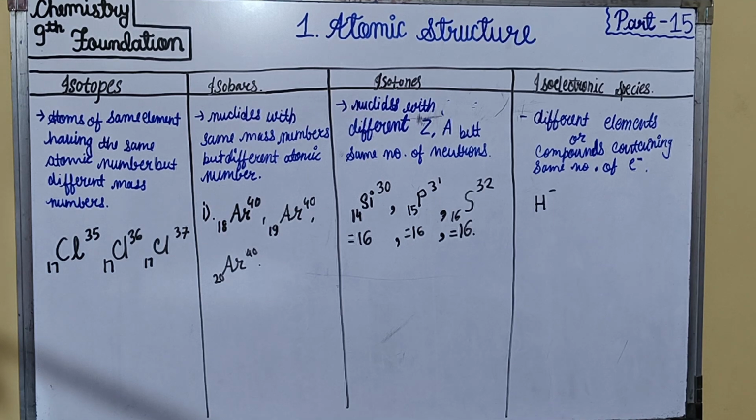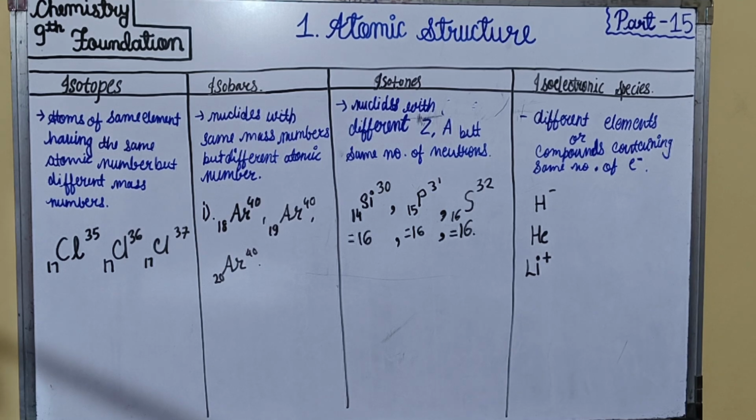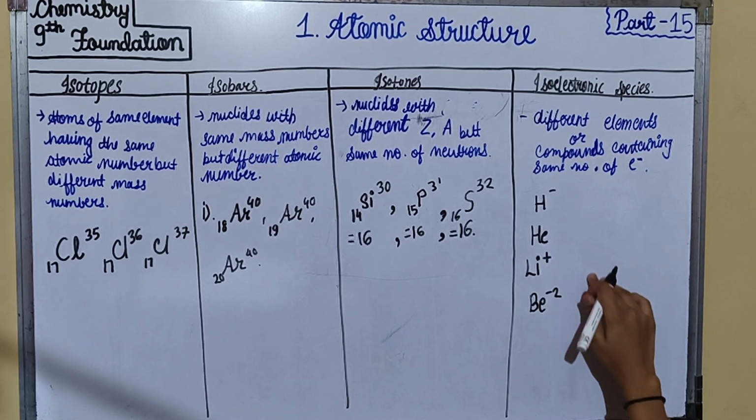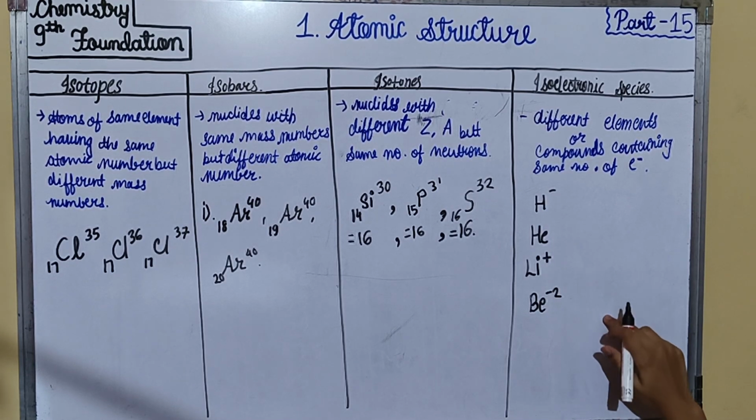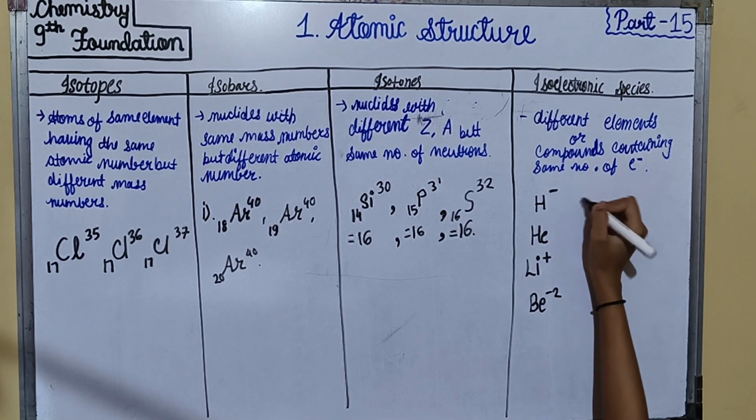Like the example is H minus, He, Li plus, Be minus 2. Now these are the examples of isoelectronic species because this minus means plus 1.